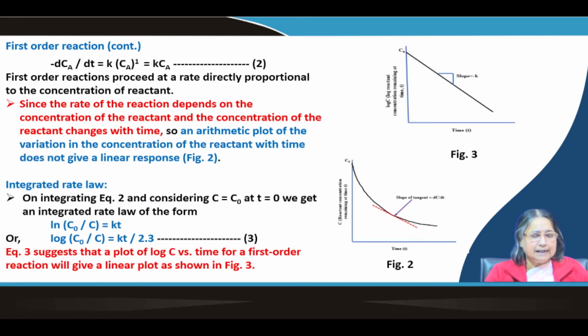For first order reactions, we know the rate expression is like this. Here you can see that a first order reaction proceeds at a rate directly proportional to the concentration of the reactant.